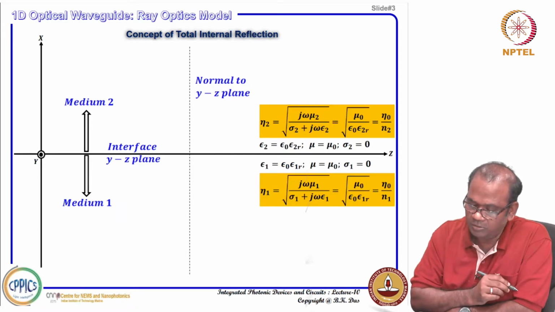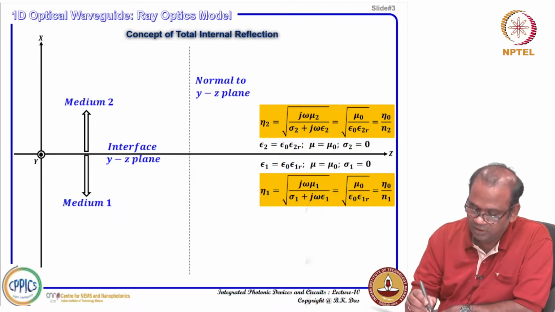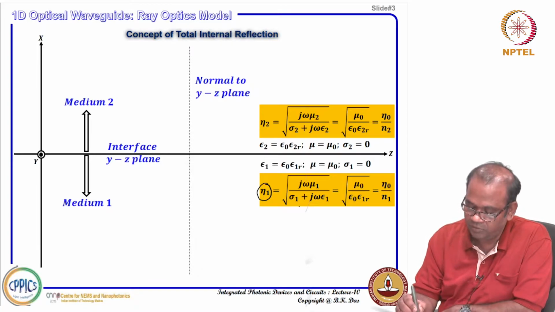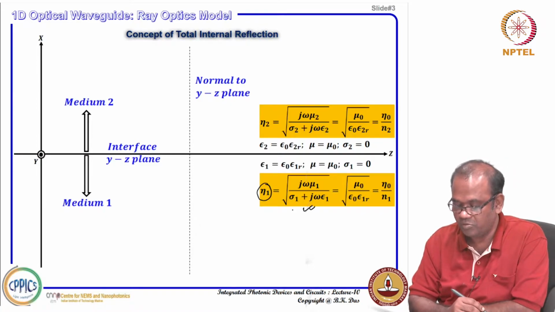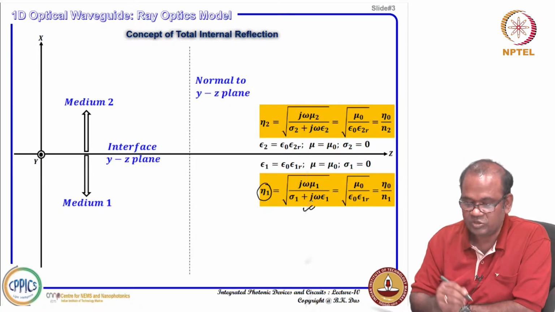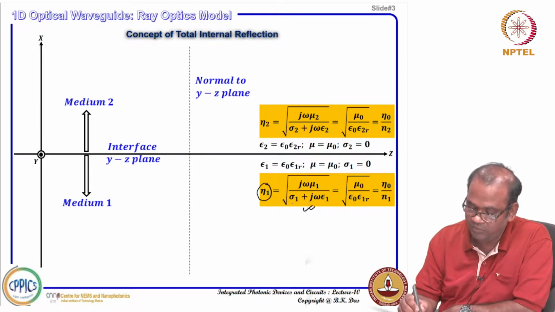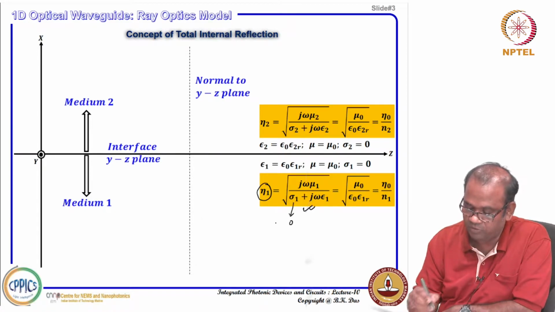Now, going ahead a little, if I try to find the so-called impedance eta 1, we know this is the definition of eta 1 for a given material characterized by epsilon 1, mu 1 and sigma 1 for a given frequency omega. Whenever I put sigma 1 equal to 0, then mu 1 equal to mu 0, because mu r equal to 1, then j will cancel, omega will cancel.